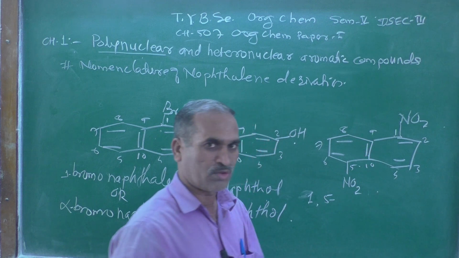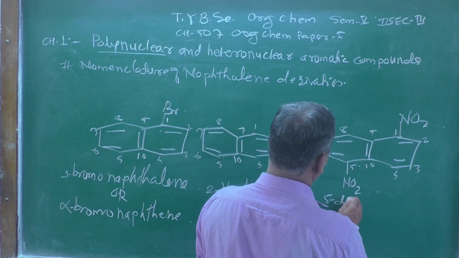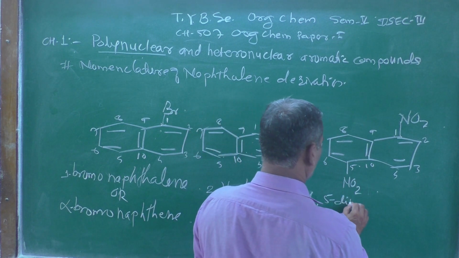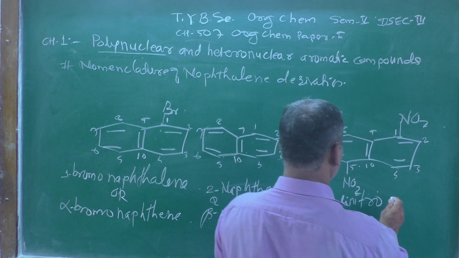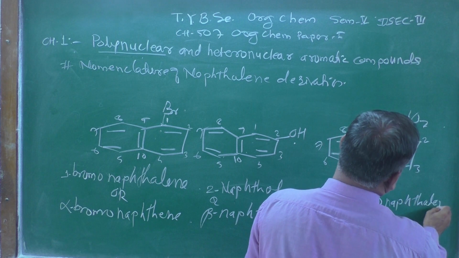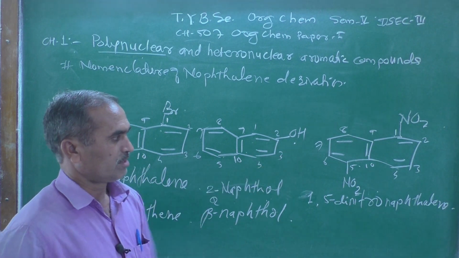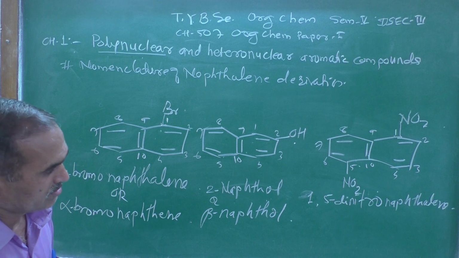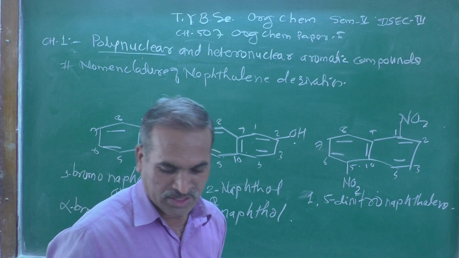How many nitro groups, same substituents are there? Therefore you can call it as a di. 2 are there. What is that? Nitro. So nitro, and that is a naphthalene. So this is what we can call the IUPAC name of this compound, 1,5-dinitronaphthalene.